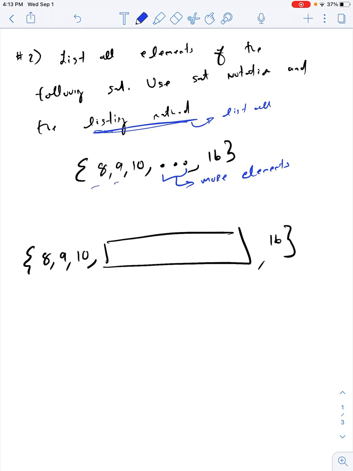The first one is 8, the second one's 9, the following is 10. So then the next one would be 11, then 12, 13, 14, then 15. And we stop there because then it goes to 16. So those 3 little dots indicate that there's more elements in there, and elements are the things inside the set. All right, so that's number 2.